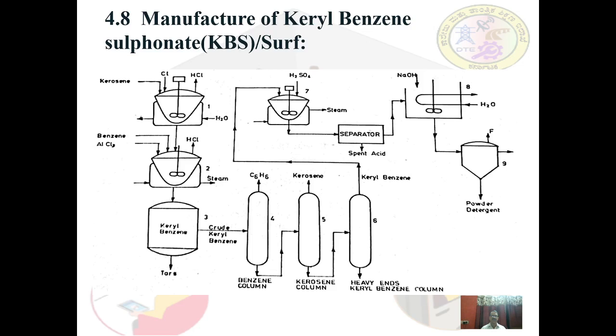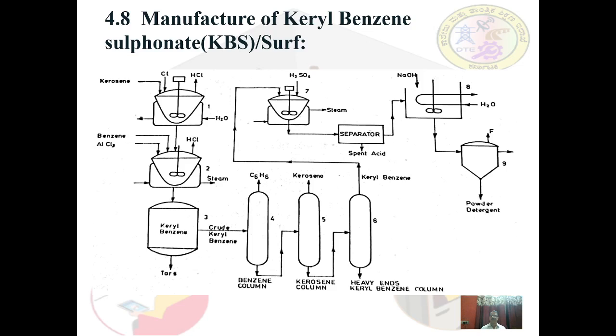This linear alkyl benzene is stored in a holding tank, and then it is fed to a series of fractionators to separate unreacted benzene in the benzene column, unconverted kerosene in the kerosene column, and the linear alkyl benzene from the heavy ends is separated in the last column.